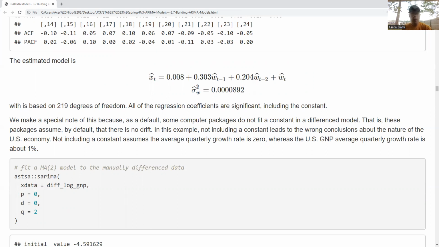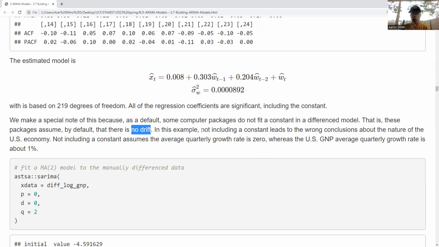Now, something that is important for us to realize is that not all packages will slap in this constant value. So I need to make sure I know what my function is doing if I use a different package or different software than the ASTSA package. Some packages assume by default that there is no drift.